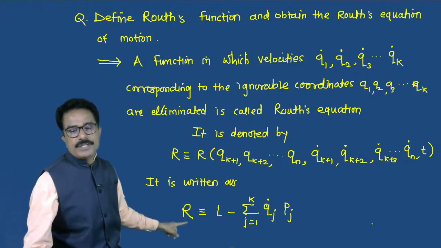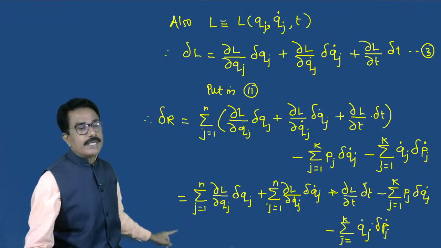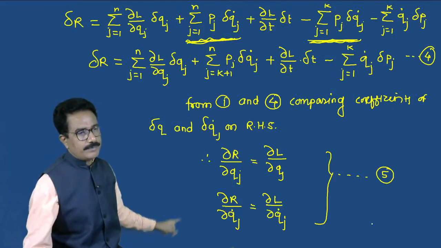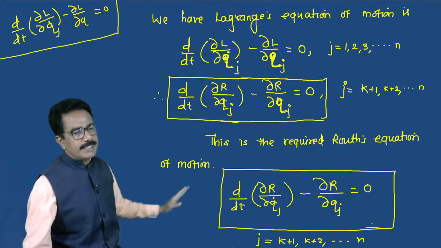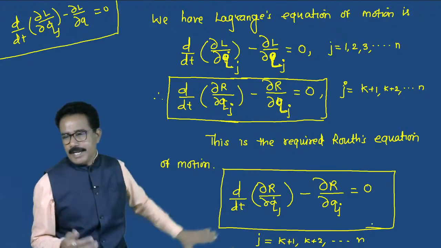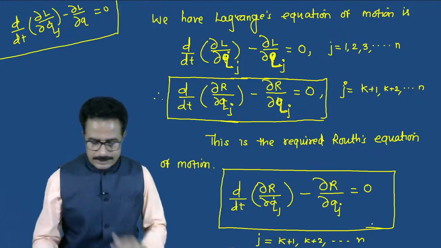This is the definition of the Routh function, and this is the required equation. Obtain the Routh's equation from the Lagrange's equation of motion. This is an important theorem and an important problem, you will have to practice it properly.